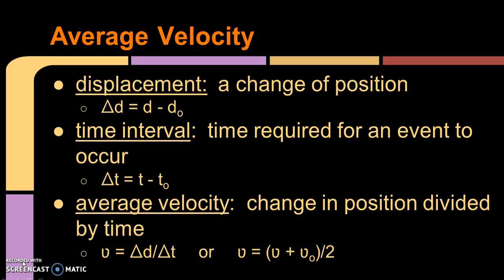We put these two together to give ourselves accounting for an average velocity, a change in position divided by time. Delta D divided by delta T is our accounting of velocity. Miles per hour. Kilometers per hour. The per is saying that you are dividing the unit of distance by a unit of time.